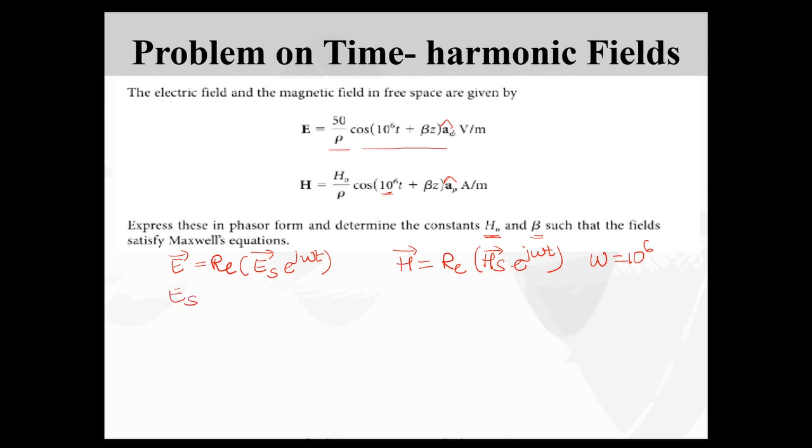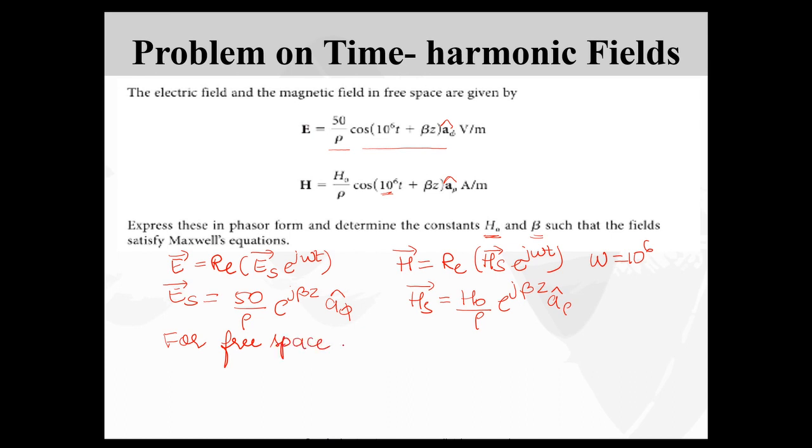Removing the e to the power j omega t part, we can write the phasor of E as 50 over rho times e to the power j beta z along the direction a phi. Likewise, the phasor of H is written as H naught over rho times e to the power j beta z along the direction a rho cap. So this is written. For the free space scenario, we shall see how Maxwell's equations get modified using this scenario and the phasors.